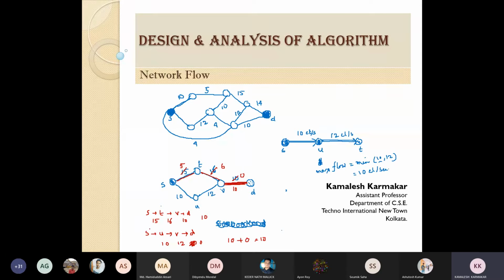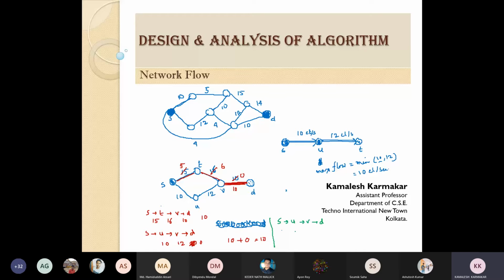Now, if we consider that someone is taking a different path at the beginning, so first I will take S to U, then U to V and V to D. What will be the maximum flow in that case?